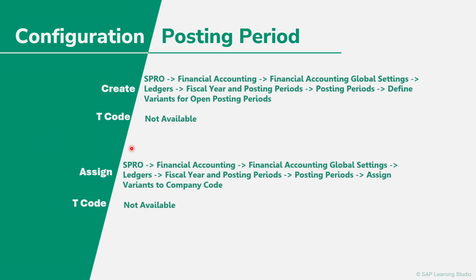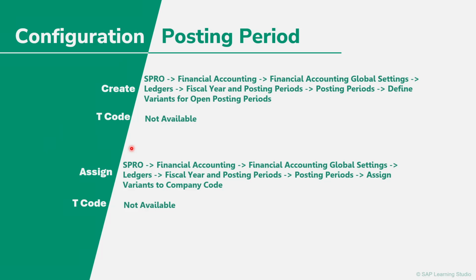This is very simple. It is just a 4-digit alphanumeric key. We create it, assign it to the company code, and then use that particular combination to control the periods which are open for postings for financials, accounting, material management, customers, vendors, etc.